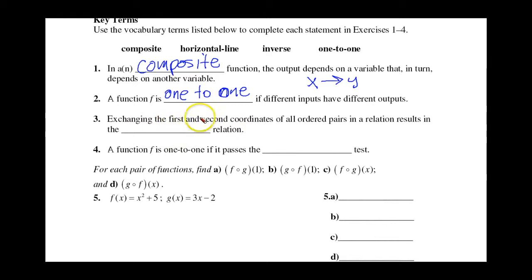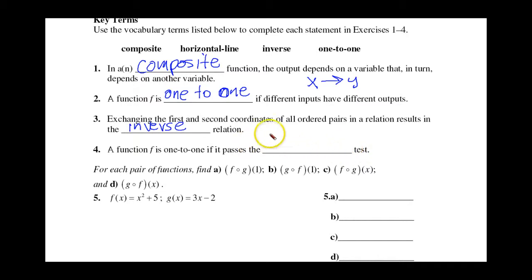Exchanging the first and second coordinates in all ordered pairs in a relation results in the inverse relation or correspondence. The function f is one-to-one if it passes which test?